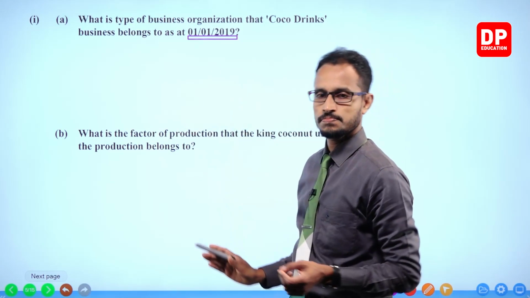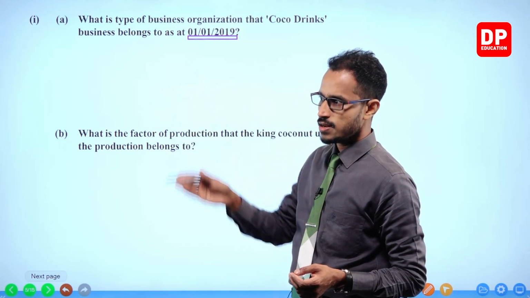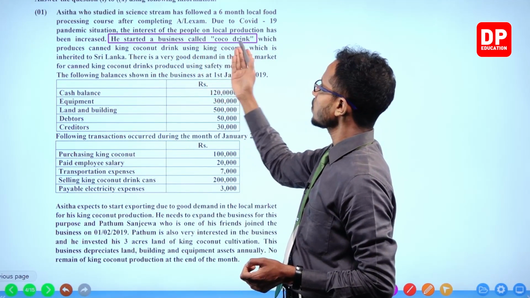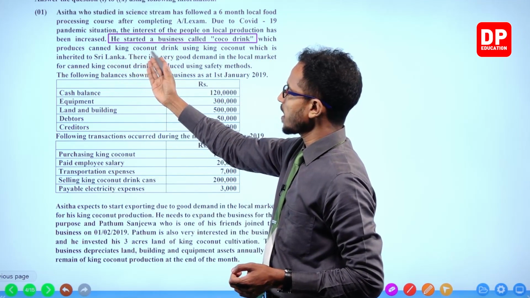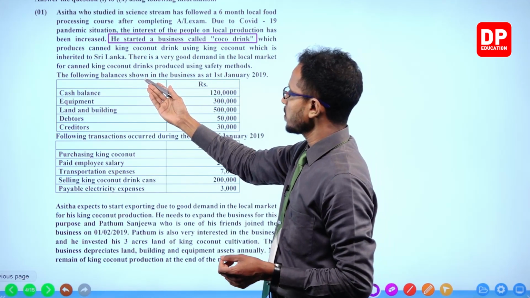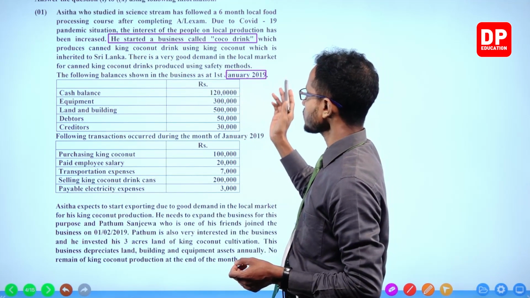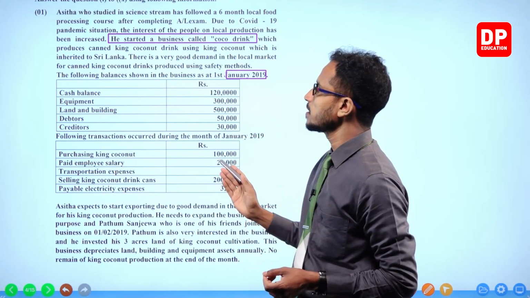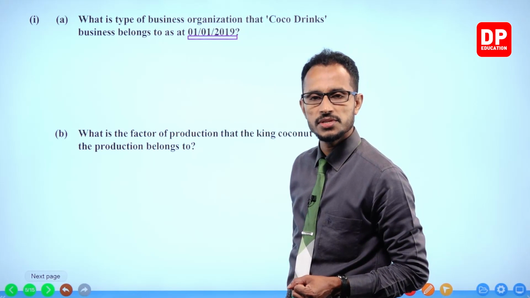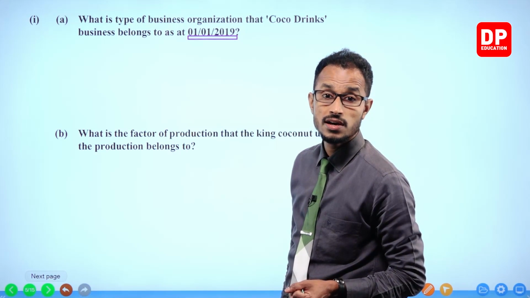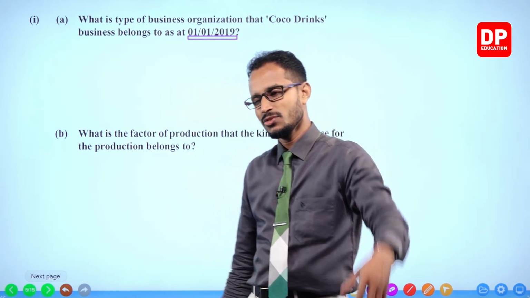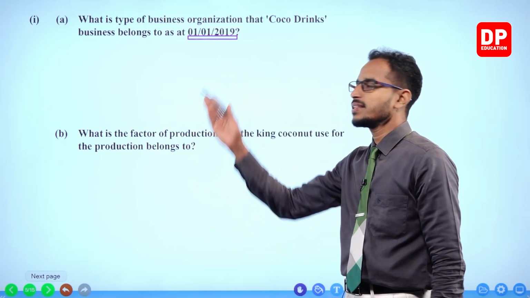Go to the case again, read that part and get the answer. Coco Drink produces canned king coconut drinks using king coconut, which is inherited to Sri Lanka. And on 1st January 2019, only this guy is there to start the business. So, a one man show. It's a sole proprietorship. Write the answer.